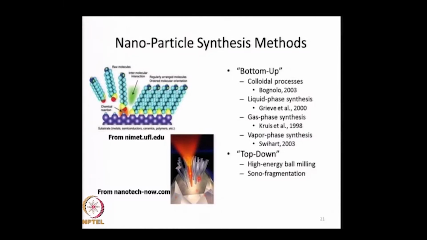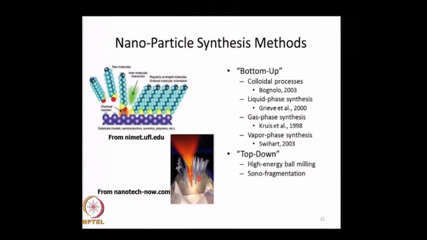So, this is the nanomaterial that you can synthesize by using the bottom up approach, and there are various methods of doing this: colloidal processes, liquid phase synthesis, gas phase synthesis, and vapor phase synthesis, and we will talk about this in more detail later on.